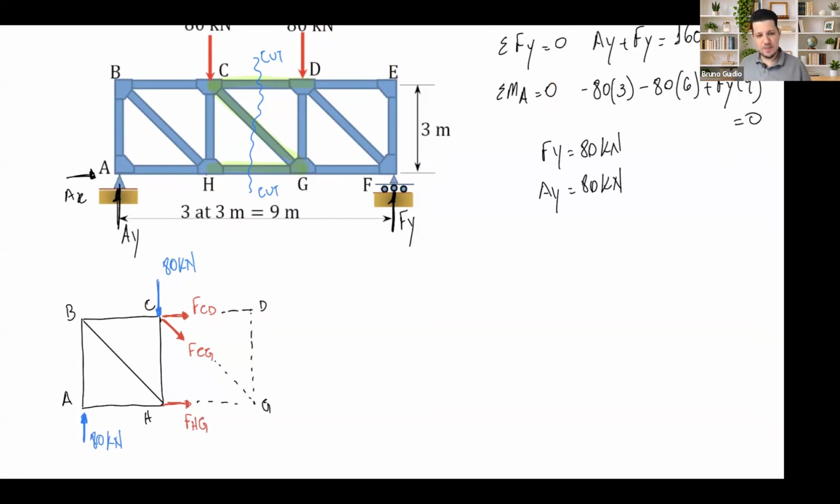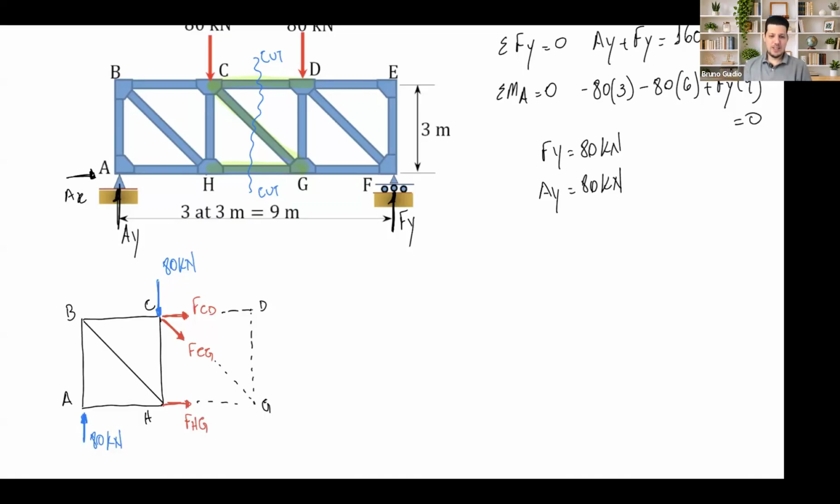Remember, for sections you have three equations: sum of the forces in x, sum of the forces in y, and sum of the moments at any point. A, B, C, D, H, G: any of those points you can use for the sum of the moments.